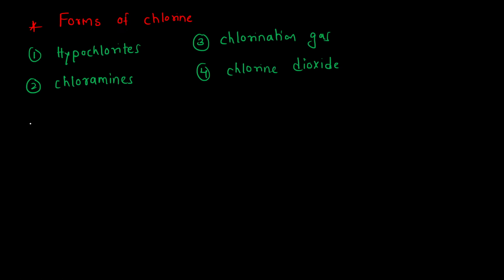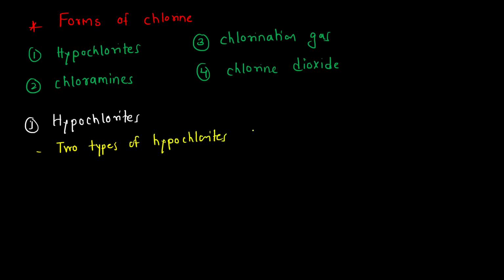So let's start with the first one, that is hypochlorite. Chlorination by hypochlorites is called hypochlorination. Now what are the 2 types of hypochlorites that are present? The first one is called calcium hypochlorite.